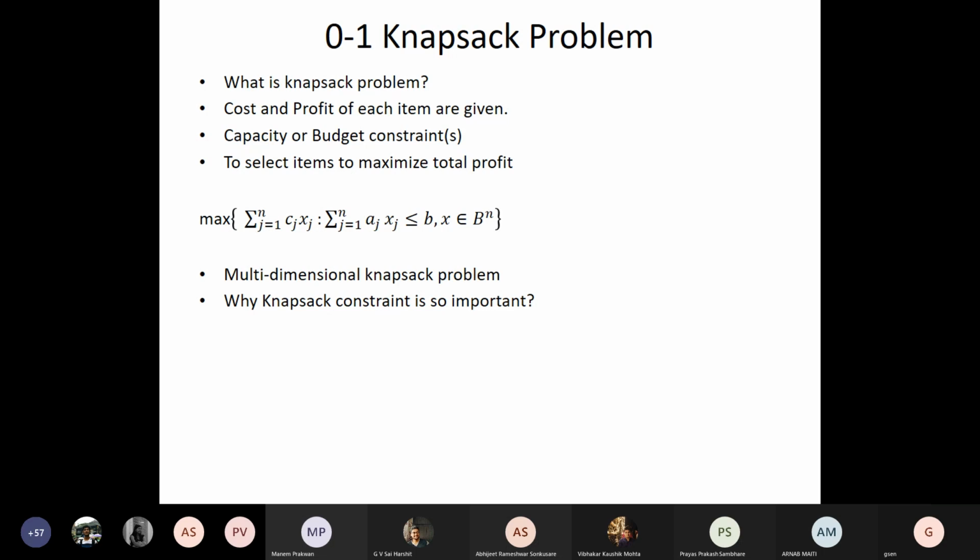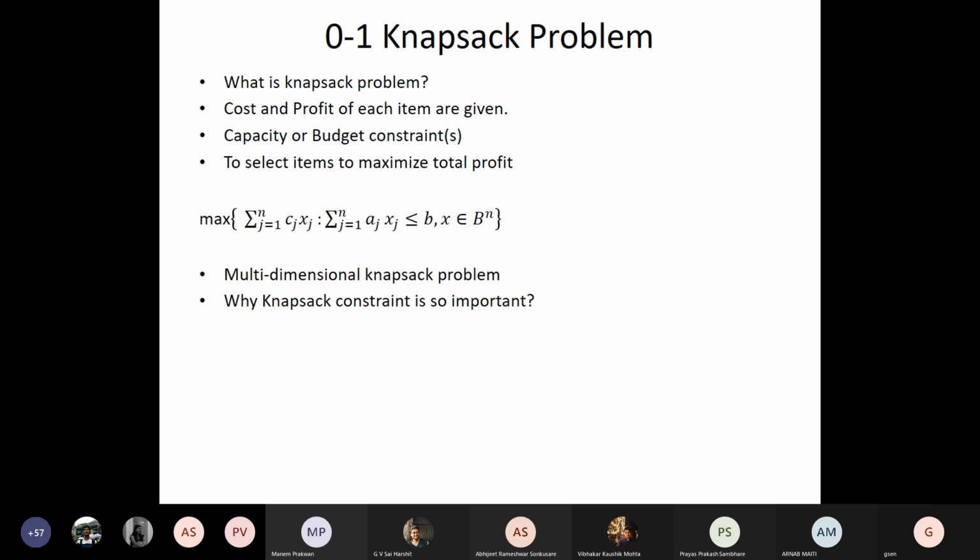So it is similar to having a bag and you have many items. Suppose a thief has entered a house with a bag and so many items are there in the house. Now he has to choose which items he will put into the bag. How will the thief decide?